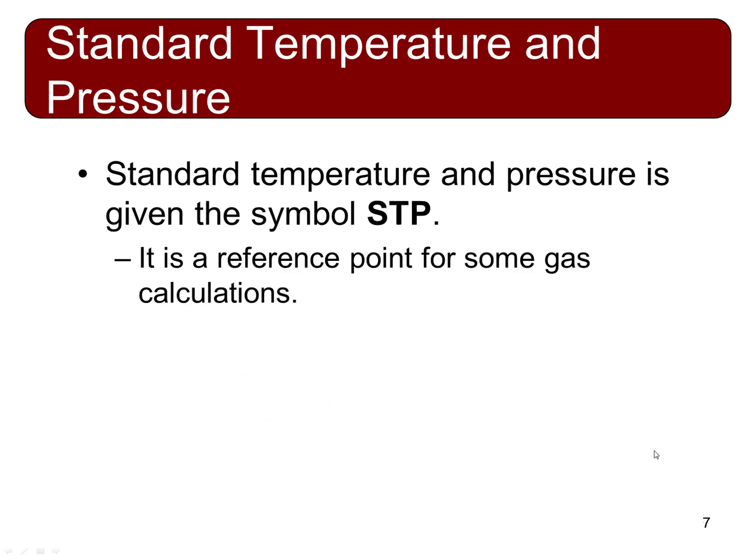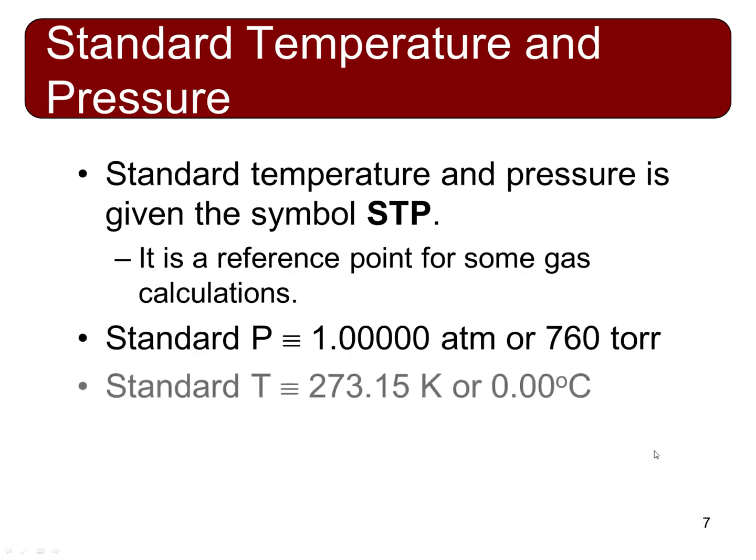Okay, so if an equation or a problem asks you, if the volume changes or this happens at STP. Okay, STP is standard temperature and pressure. Okay, so it's often written as just STP. Okay, and this is a reference point for some gases. Most of our ideal gases, if we talk about their behavior, we're talking about them in respect to these conditions.